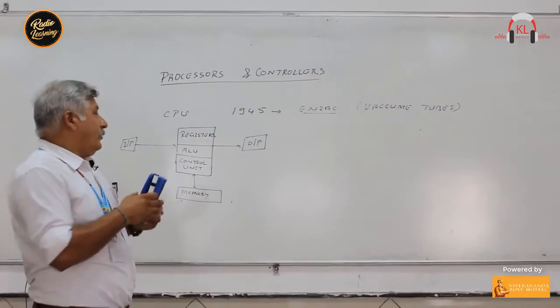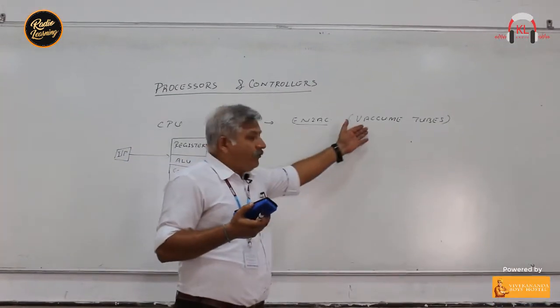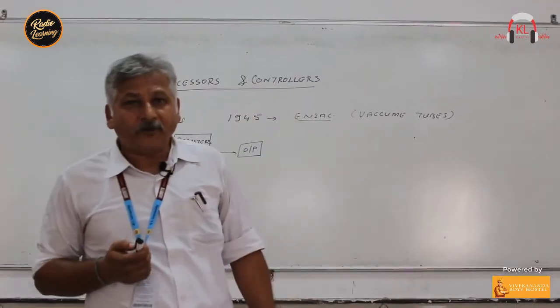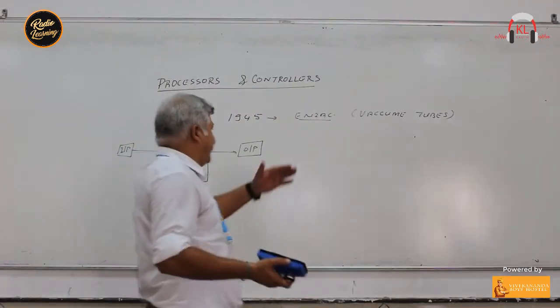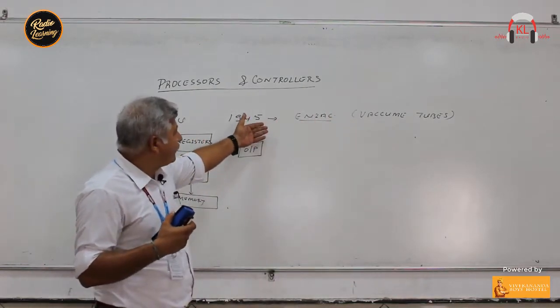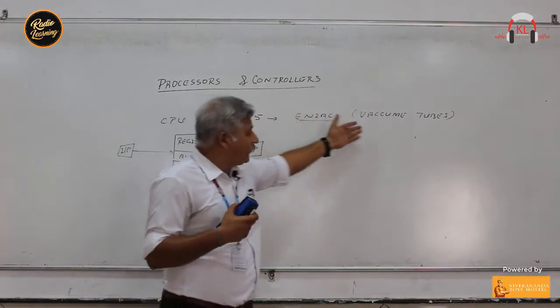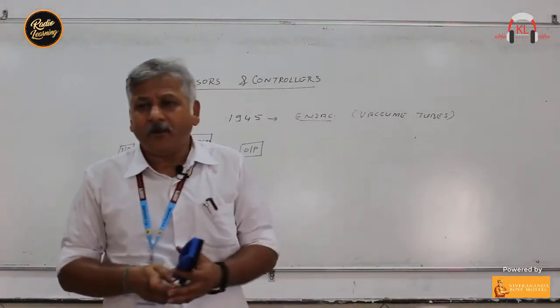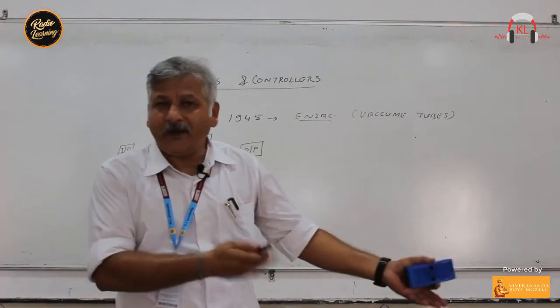Due to that heat, there is a chance of failure of the vacuum tubes. So during the operation of this digital processor, on an average, after every 20 minutes one vacuum tube failed.